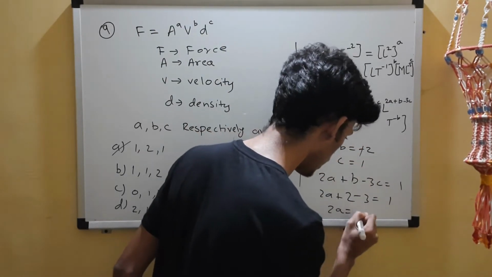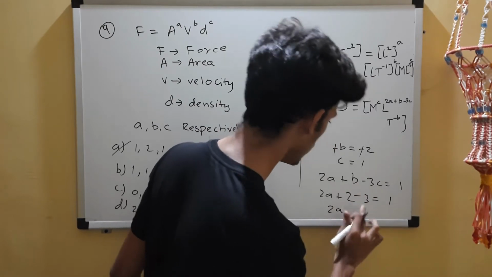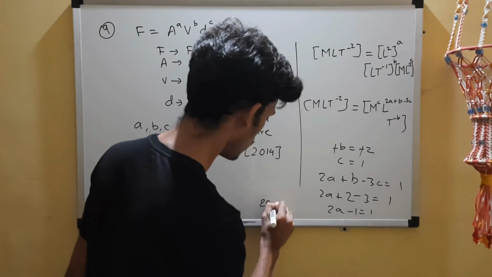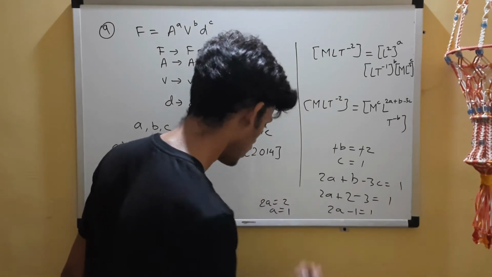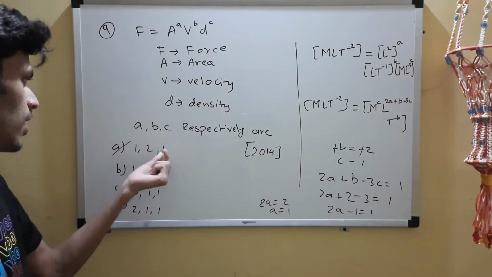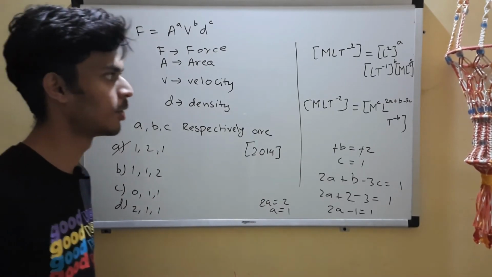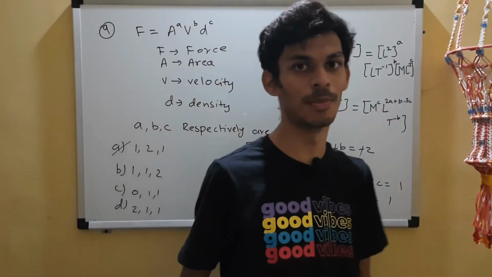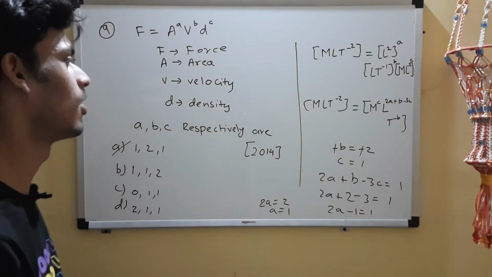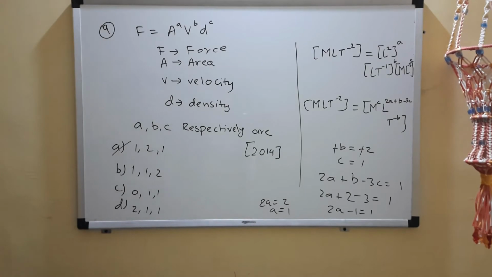So 2a minus 1 equals 1, 2a is 2, so a is 1. So a is 1, b is 2, and c is 1. That was quite an easy question from the most important part of our chapter. You can note that down. Let's move to the next question.